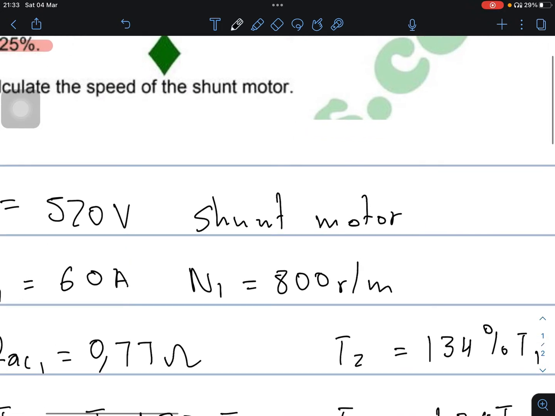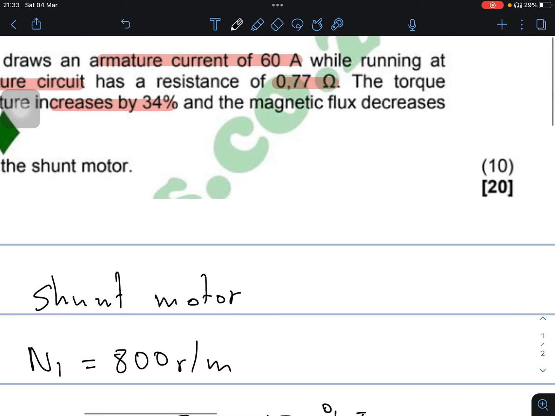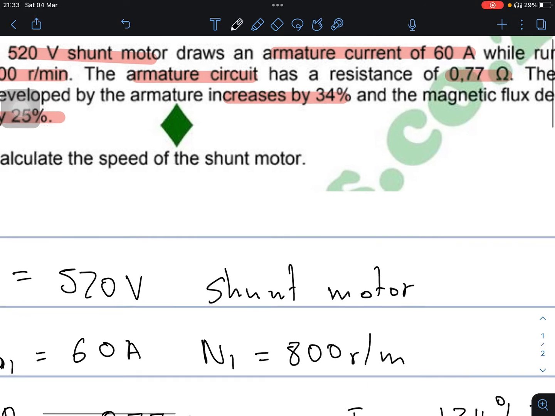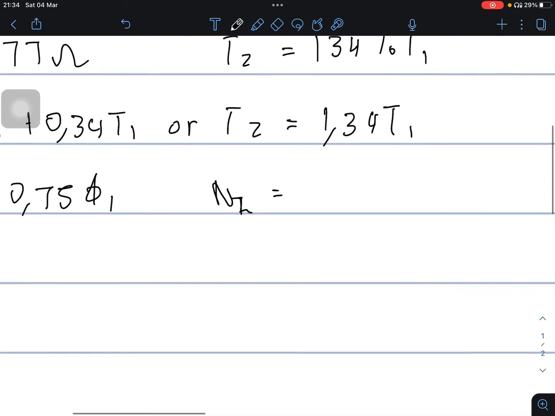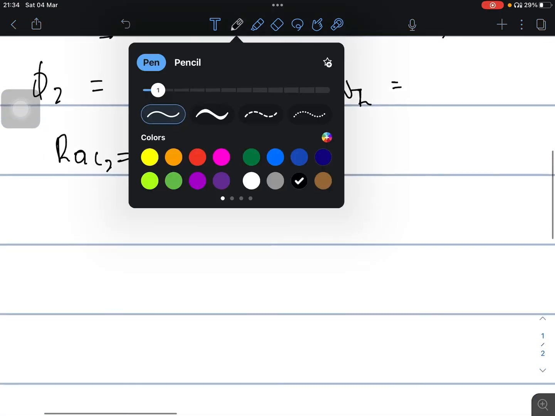That means it's basically the same circuit, but the second condition contains a torque that is increased by 34%, and the flux that is reduced by 25%. So we can safely say that RAC2 is also equal to 0.77 ohms.